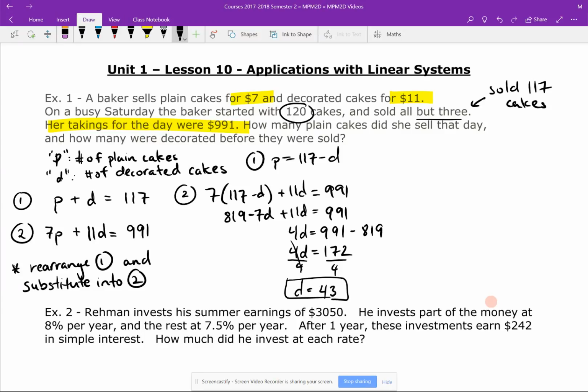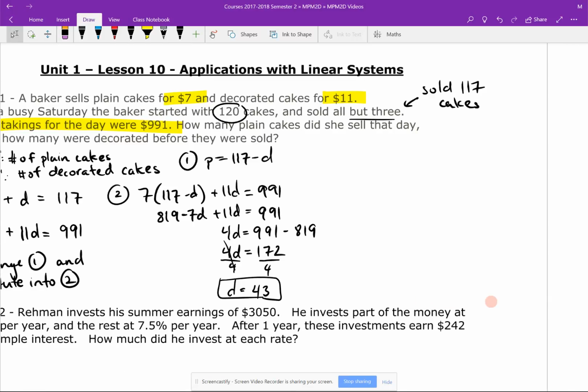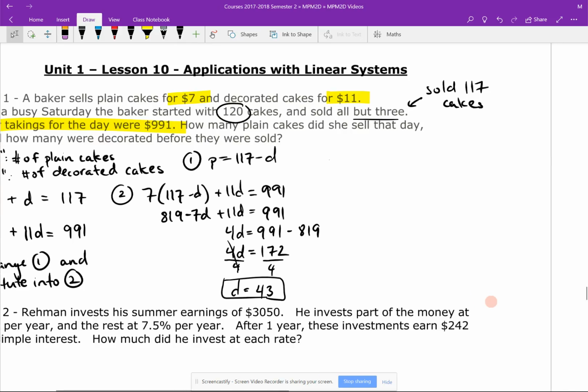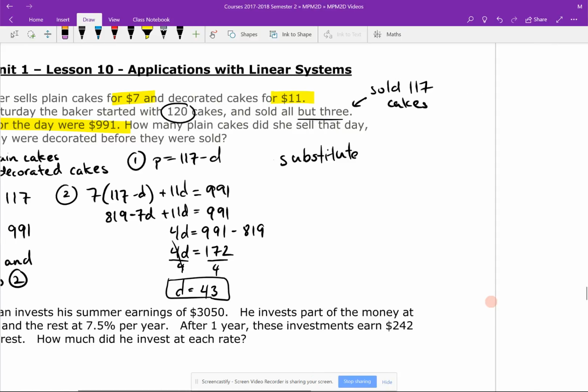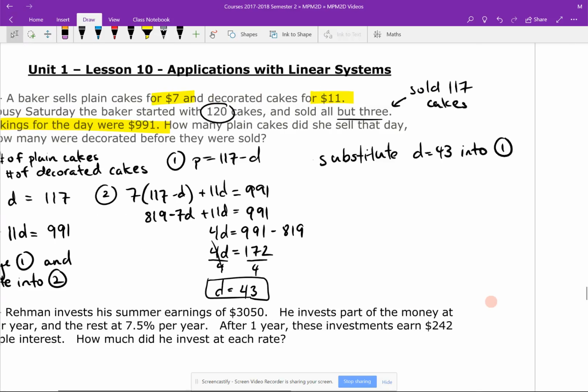Okay, so there it is. There's my D value. That's the number of decorated cakes sold. So to find the number of plain cakes sold, I'm going to substitute D equals 43 into one of the equations. I'll pick equation one, because equation one is much simpler than equation two.